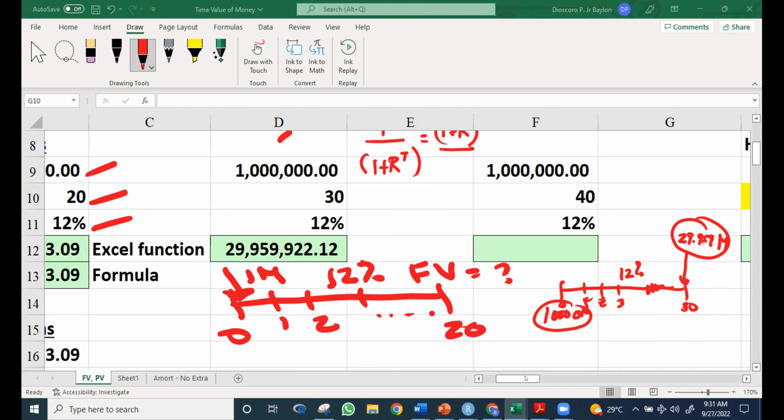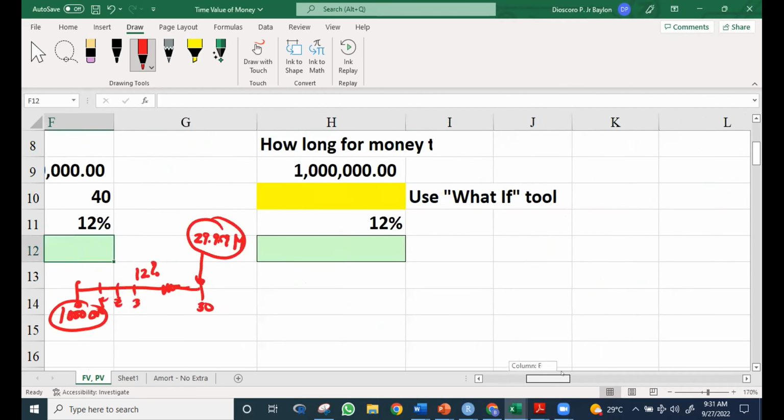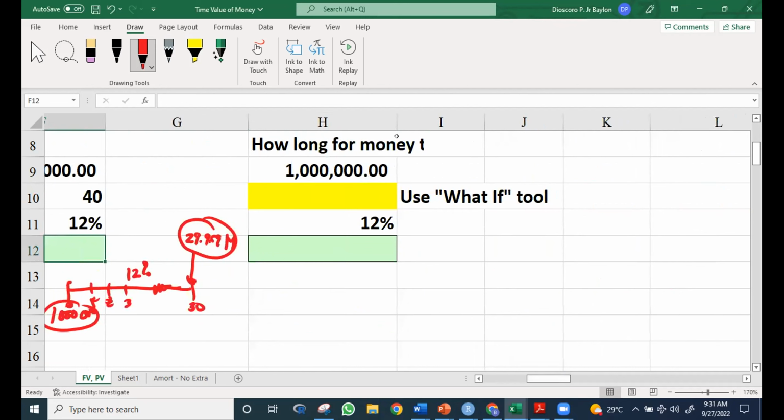Same thing here. We already did this last time, but I think we didn't answer H12. Did we, class? Kindly chat, please, if we answered H12.